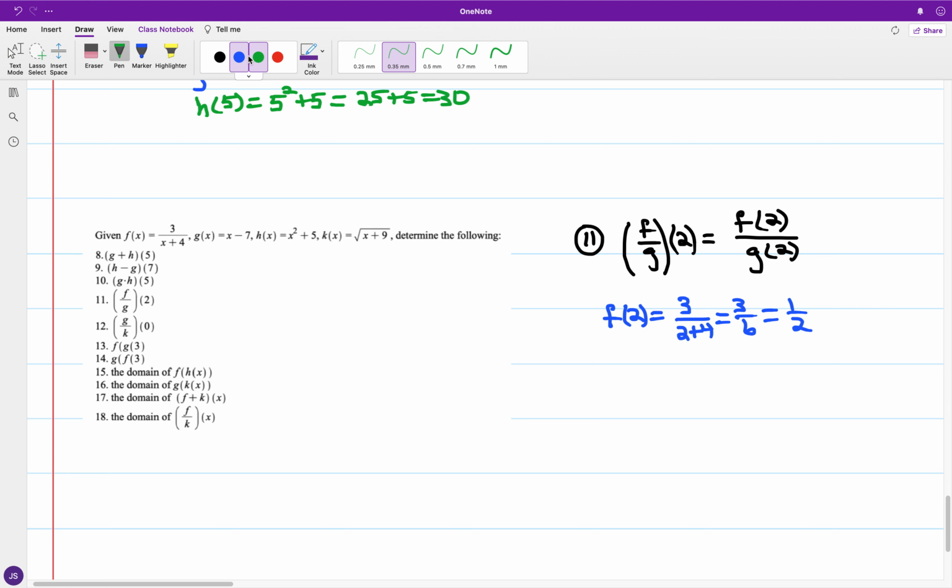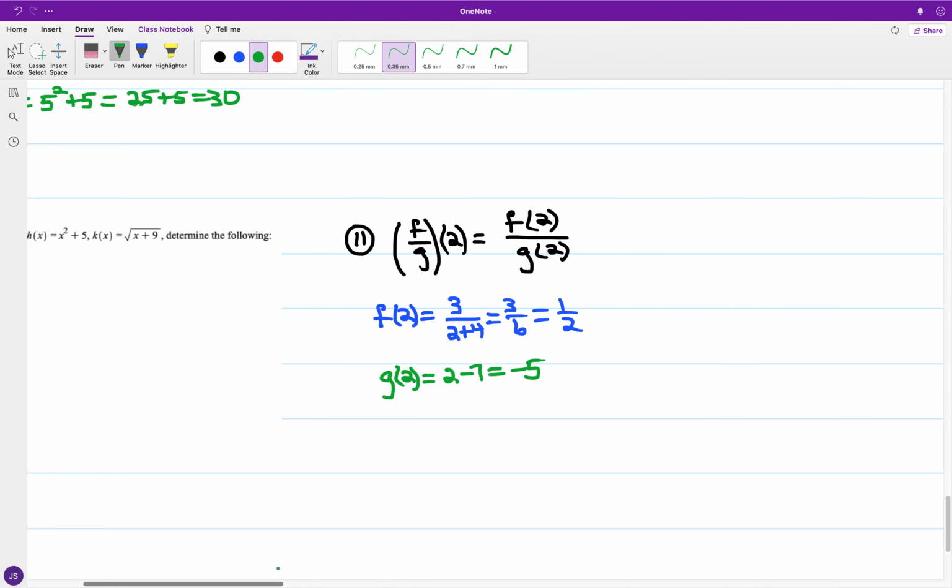In the case of g of 2, you have g of 2 is equal to 2 minus 7, and 2 minus 7 is equal to negative 5. Just putting in what we have now, we have 1/2 from f of 2, and for g of 2, again, negative 5.